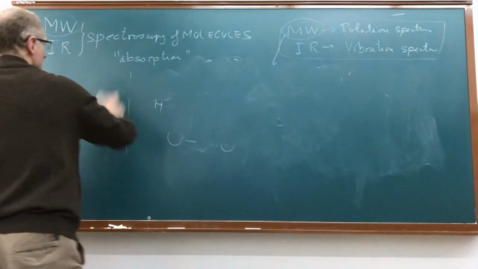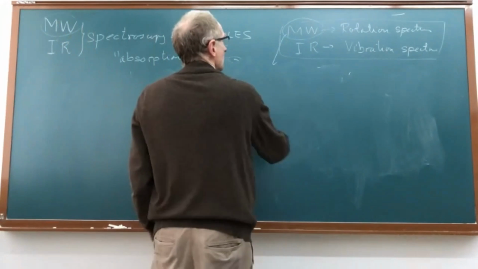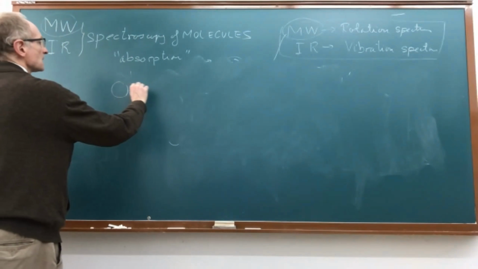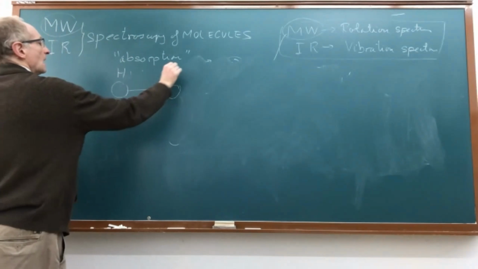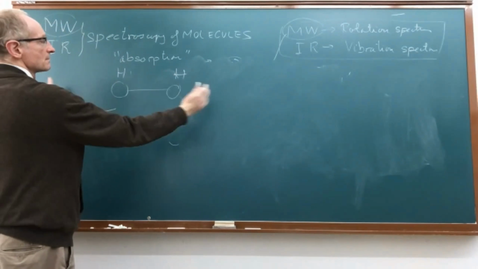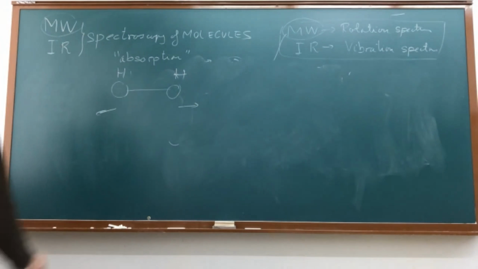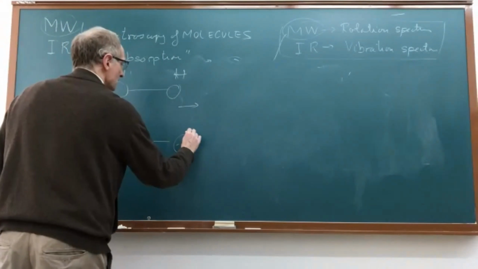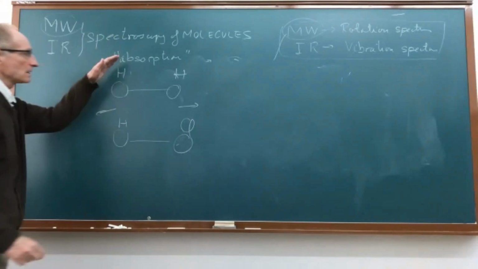Now, infrared. What is the infrared spectrum? Well, you can have, for instance, the hydrogen molecule. And obviously, this can vibrate like this. You can also have the hydrogen chloride molecule, and it can also vibrate.